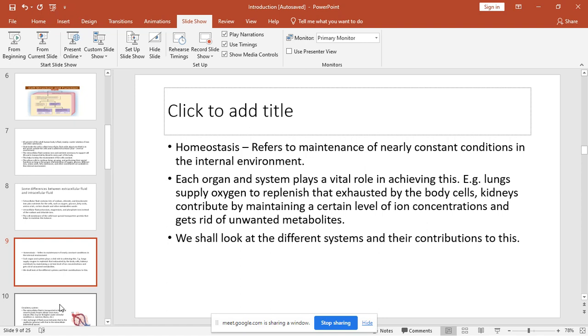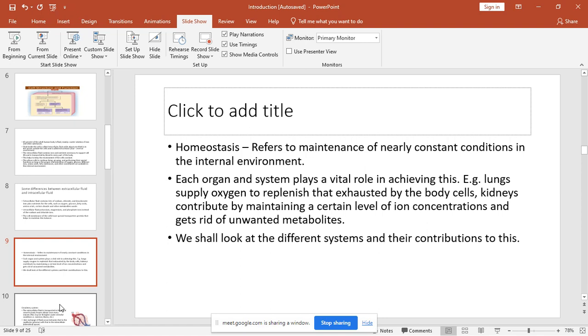Okay? We can talk about the kidneys. The kidneys are very important in that the products of metabolism of the different cells of the body, the kidneys are the ones that get rid of those metabolites. We know that the kidneys perform more than just getting rid of metabolites, but let's focus on metabolites for now.